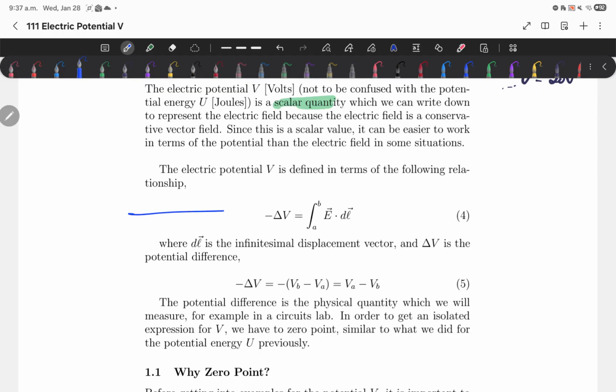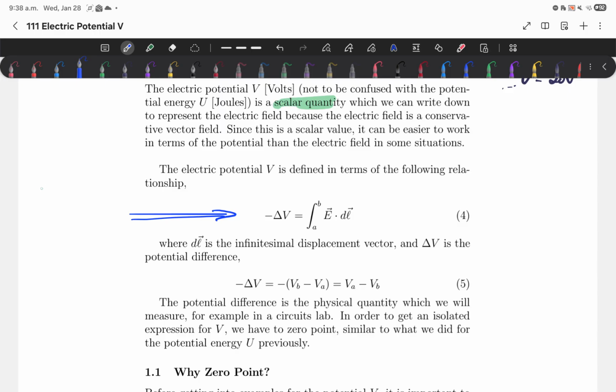You might notice this is very similar to the relationship between potential energy and force. It's like the identical integral. So potential energy and force have the same relationship as potential and field here. This delta V is what we call the potential difference.